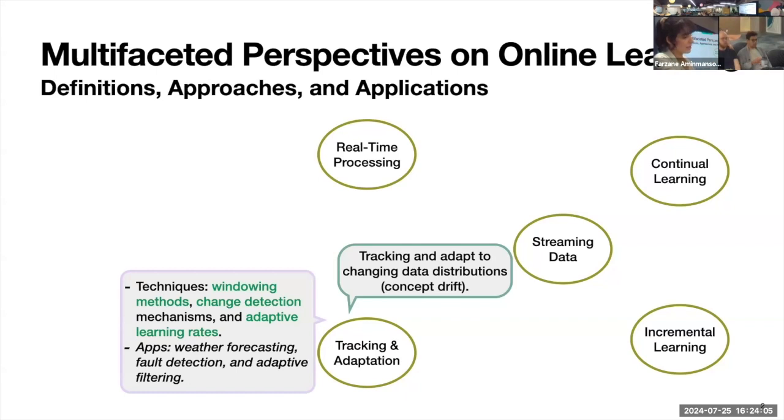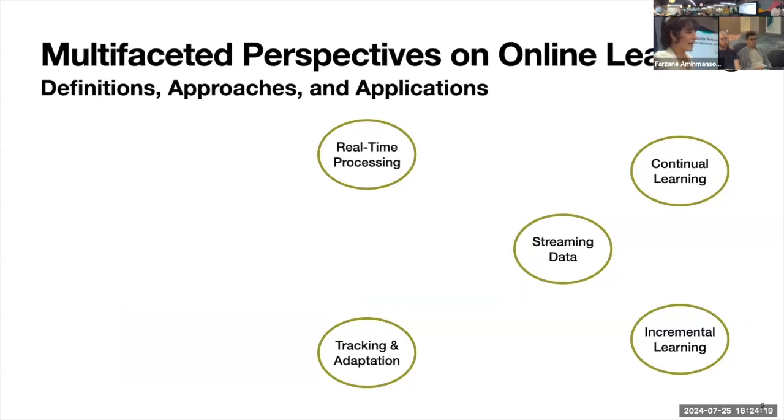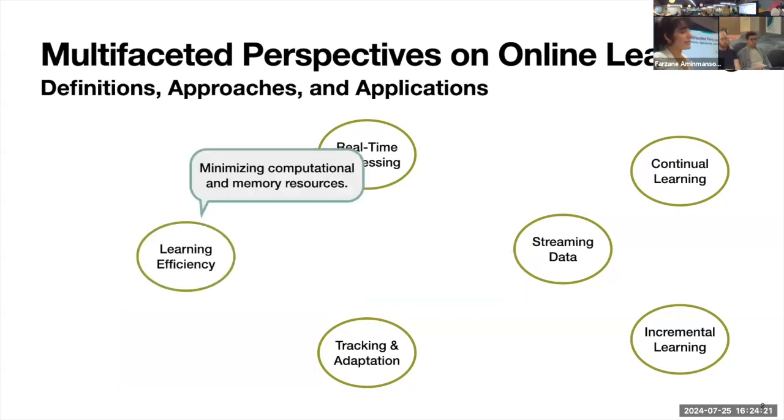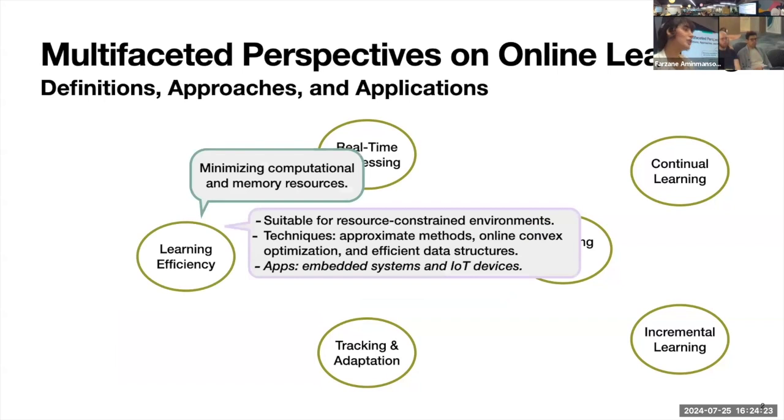Usually the solutions people propose are adaptive learning rates or event-based methods that detect if a change happened, and stuff like that. Another one is mostly related to resource-constrained problems, where, for example, you don't have a lot of computational or memory resources, and you want to keep usage minimized.